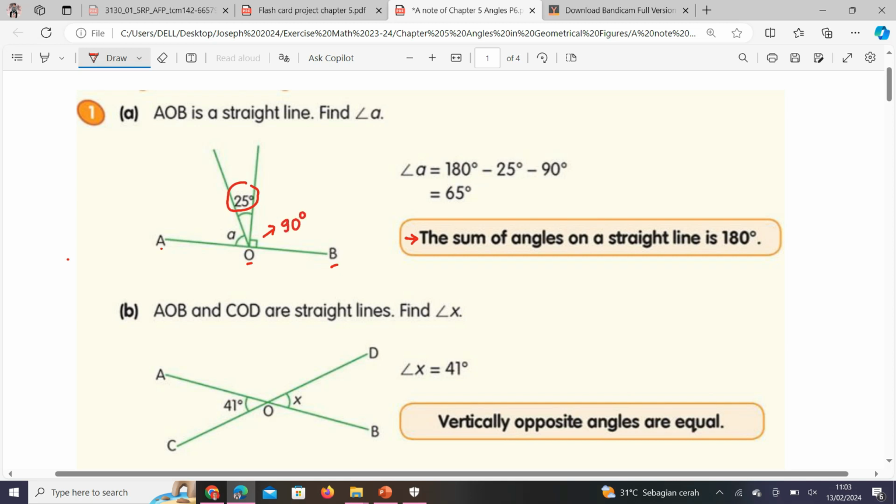So the right angle is 90 degrees. Then you input this one minus 90 degrees. And then when you calculate, the angle of A equals 65 degrees.